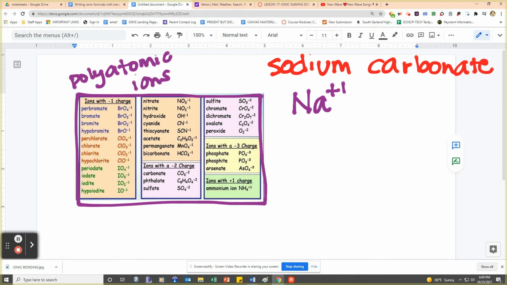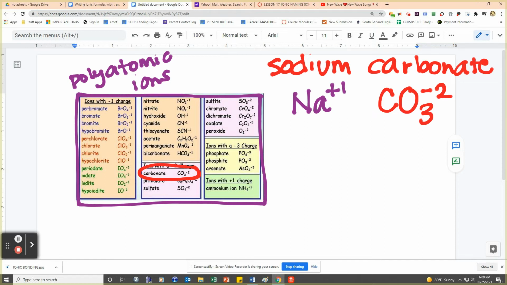So if you look closely at this list, you're going to see that carbonate is right here. See it? So the formula for carbonate is capital C, capital O, so there's carbon and oxygen, a 3, and the charge is -2.